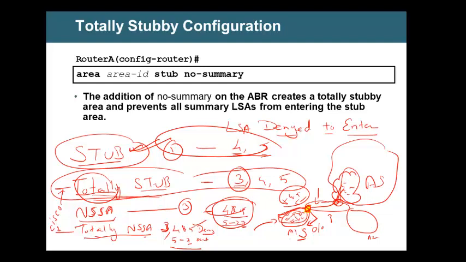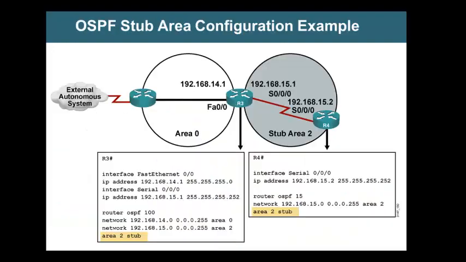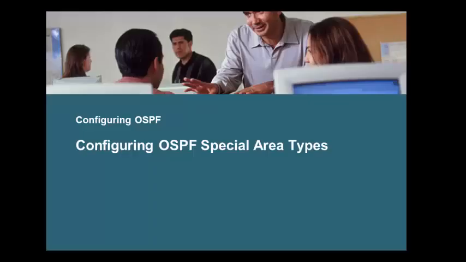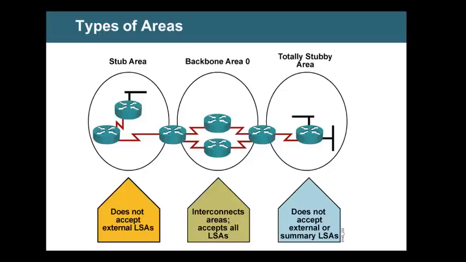Now, if you understand this, you can easily go through these pages. Special area types. When an area is configured as a stub area, it does not accept external LSA.